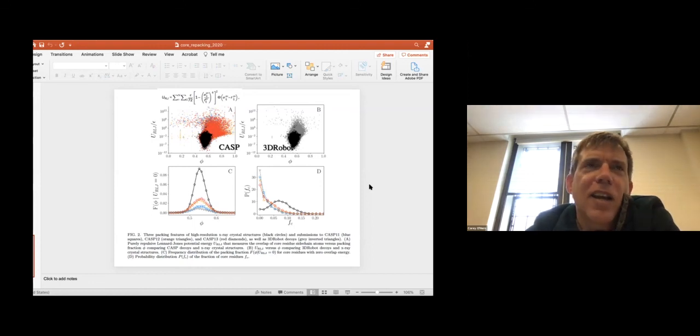Just to say it again, most of today's talk, we're saying, here are the features of the cores of experimentally determined proteins. This is what nature does. And so what we can do is evaluate computational models using the features that we found in experimentally determined crystal structures. So that's what we're doing in this slide.